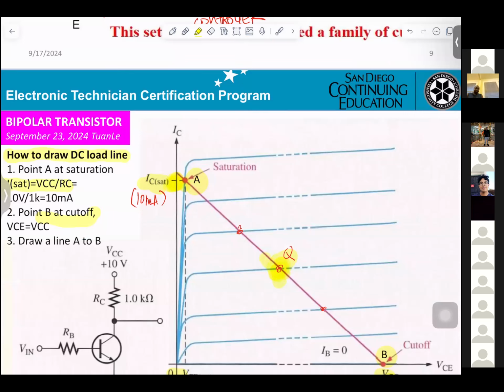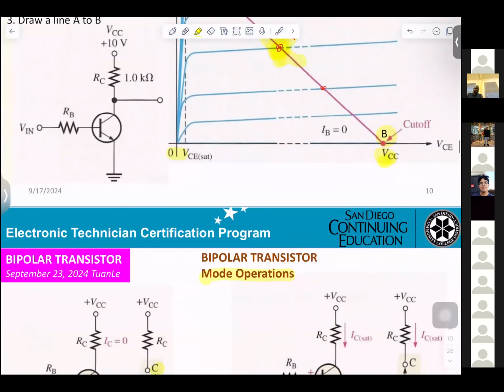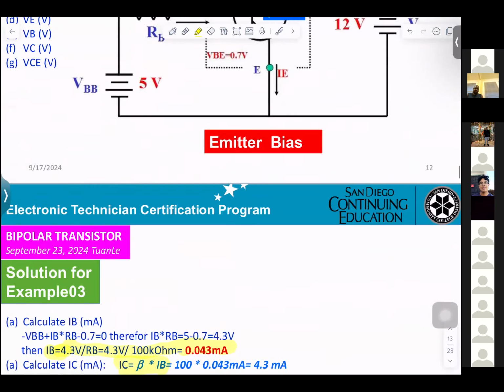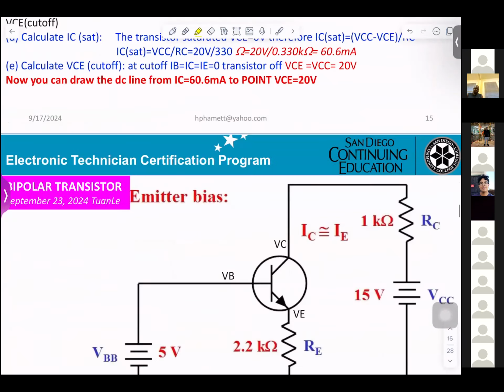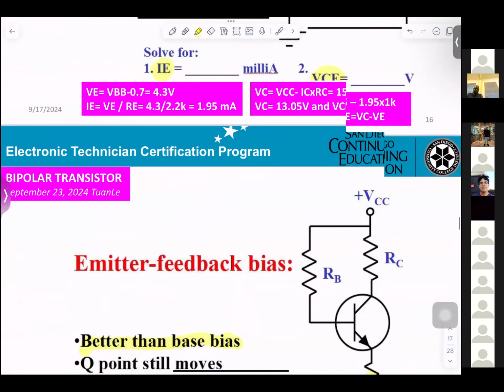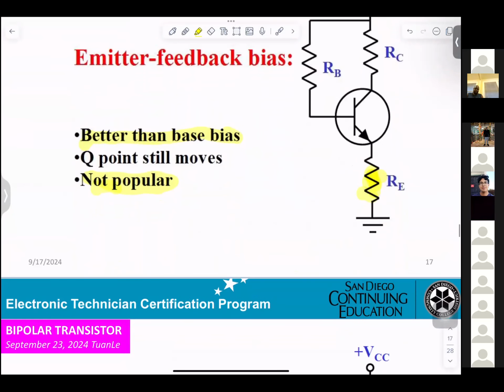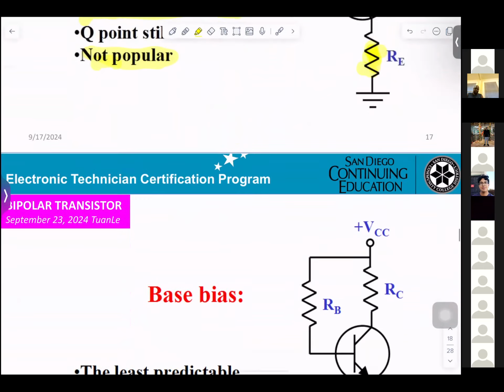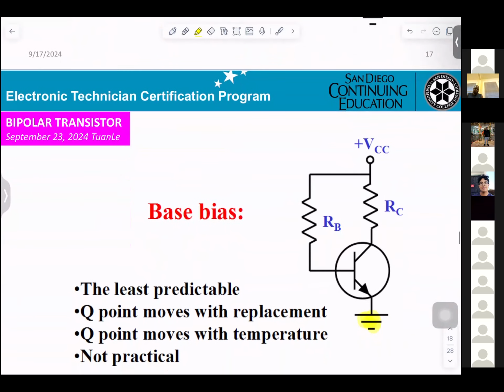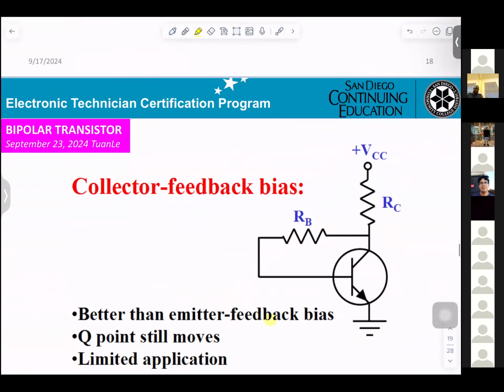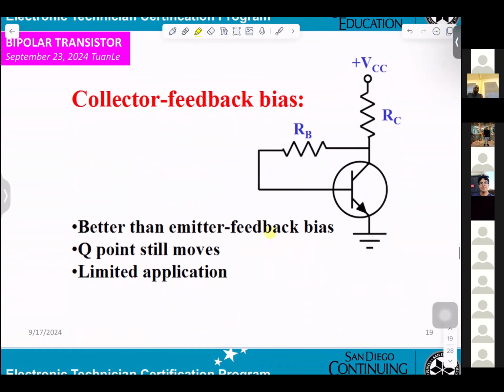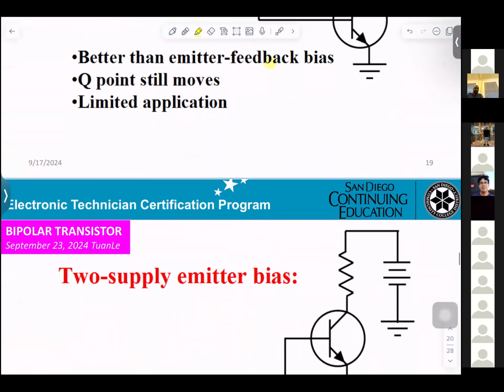You don't want it to keep moving up or down, because then the amplifier will not be stable. So that's why there are too many different types of bias. But they're not used. I list them here for you so you can see. That will be collector feedback.